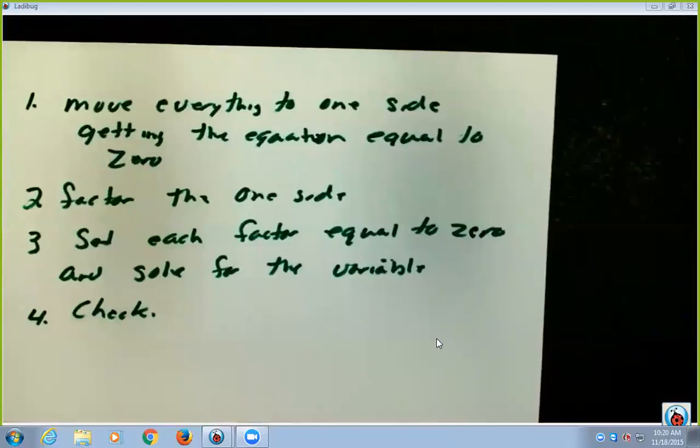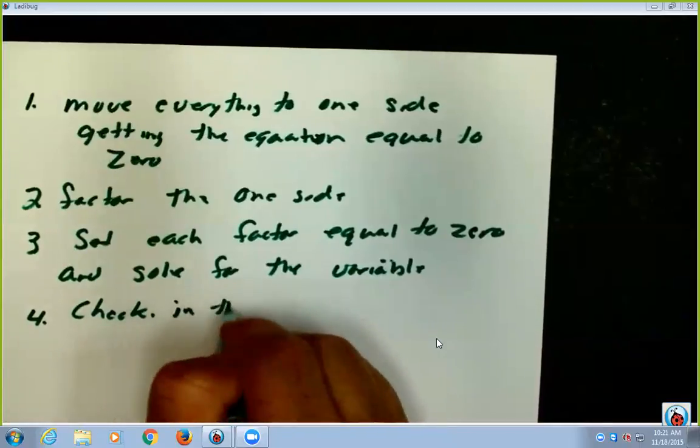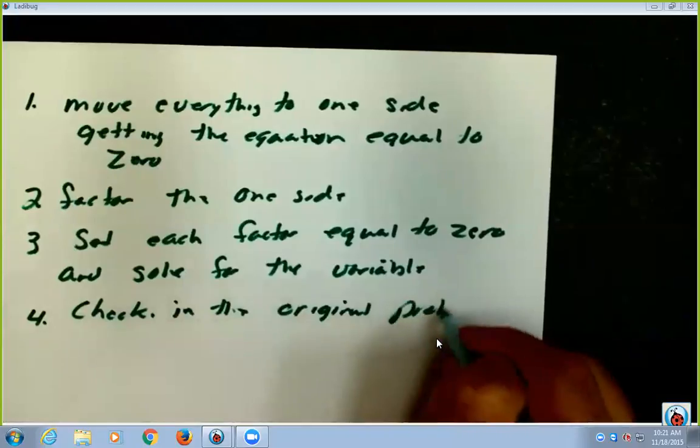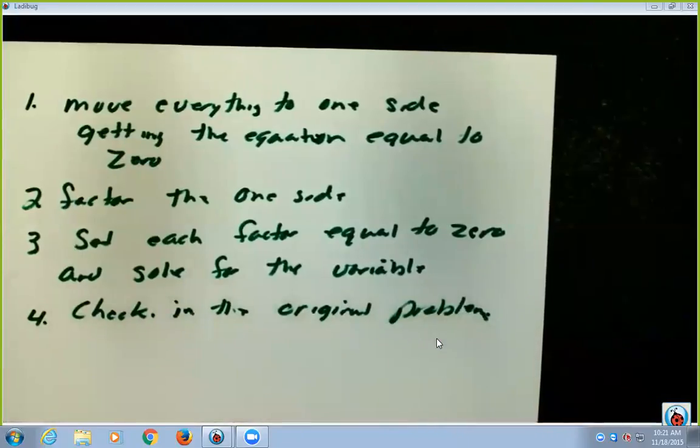So we're going to make sure those work. Make sure it gets us back to 0. And you're going to check it in the original problem. So we're going to go back and make sure it comes out and ends up equaling what they gave us.